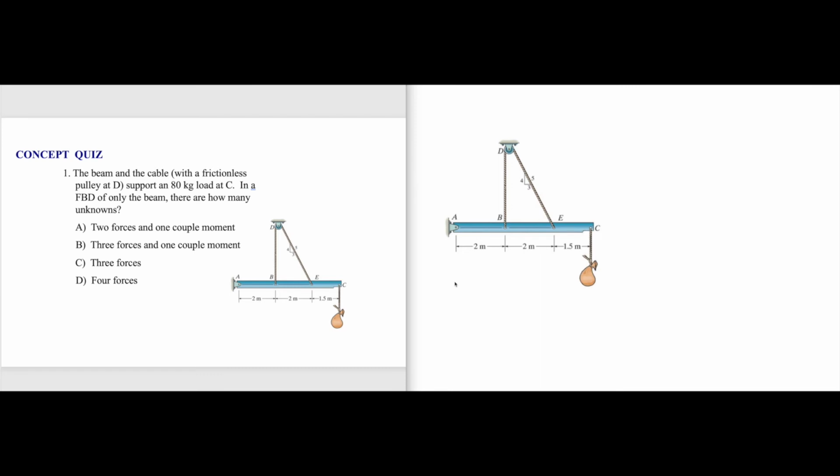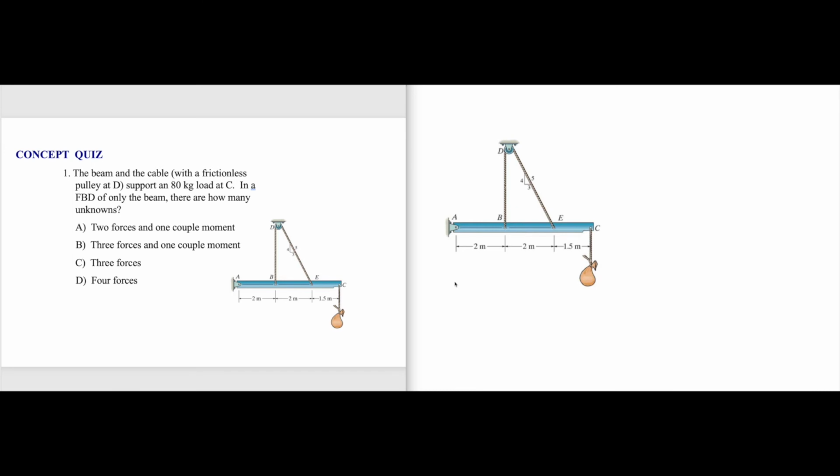There is a beam, there's a cable with a frictionless pulley at D, and there is a support. Sorry, it's a cable support that's passing through the pulley D, and there's a weight acting at C, and the weight is 80 times 9.81.